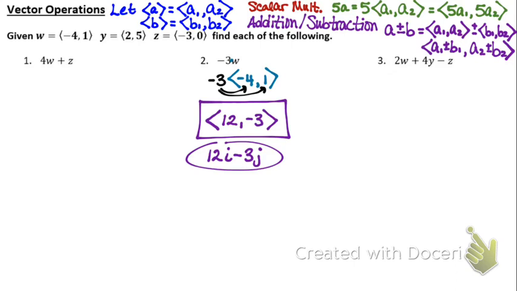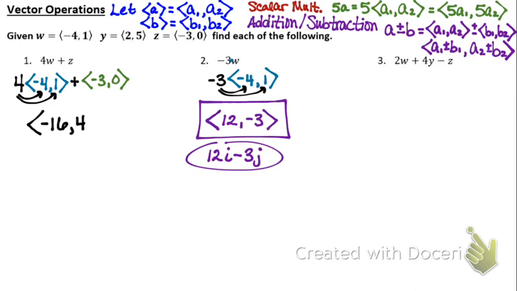Let's do number 1. Number 1, I have another scalar. It's being multiplied to which vector? W again. So -4, 1. And then I'm going to add that to the vector z. What's the vector z? -3, 0. So the first thing I'm going to do is distribute my scalar. So I would have -16, 4 plus -3, 0.